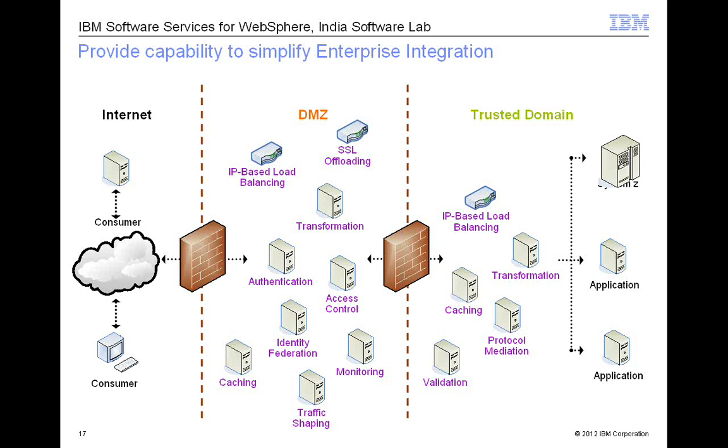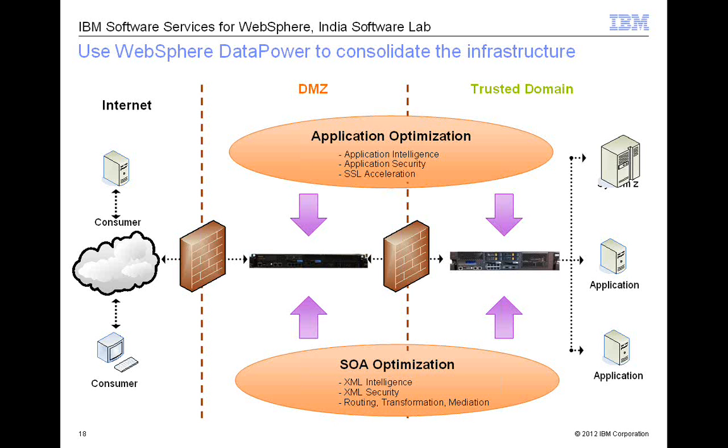In the trusted domain, on the right hand side, you will see that there's again IP-based load balancing that you might have to do. You might have to do some protocol mediation to reach the backend servers. Of course, validation and caching as well. Now, the way an industry-grade connectivity solution should look is all of these things provided out of the box to make a much simpler solution. WebSphere DataPower can provide all of this as an out of the box feature.